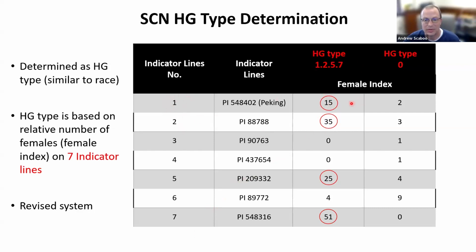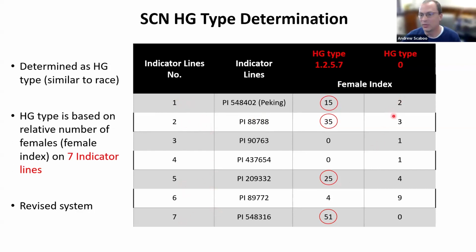So in this example, this soybean cyst nematode population that was sampled in the field had a female index of 15 on Peking, 35 on 88788, and then so on down the line. So we would label this SCN population HG type 1257, meaning it reproduces on indicator line 1, 2, 5, and 7.